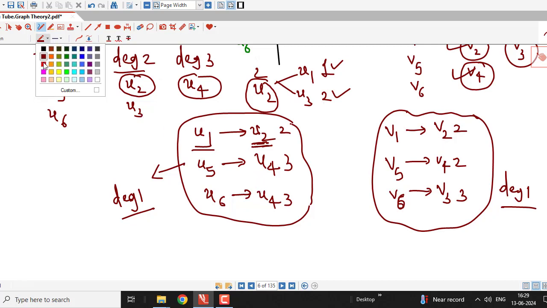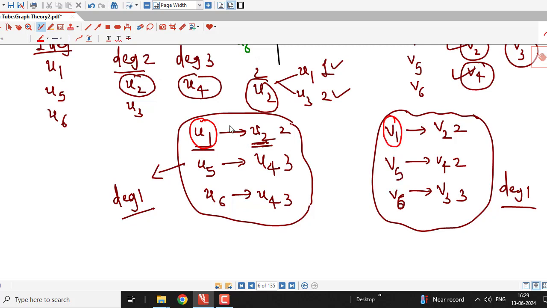Now you can see here that if I consider the image of u1 as v1, then u1 is adjacent with a vertex of degree 2, so v1 is also adjacent with a vertex of degree 2, so this will work.